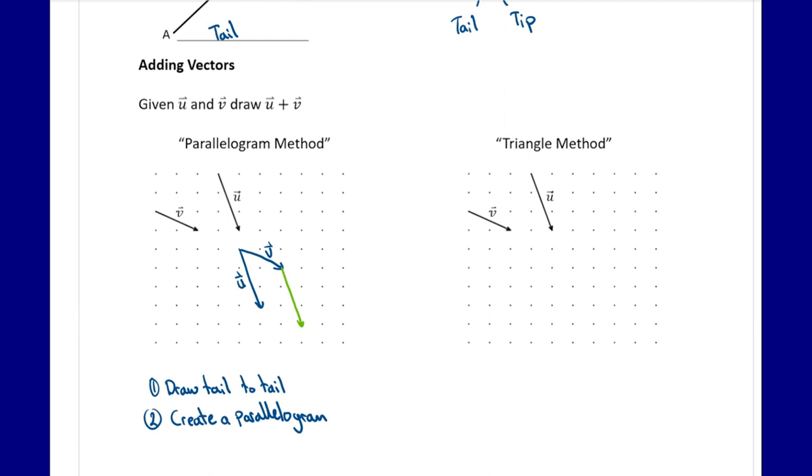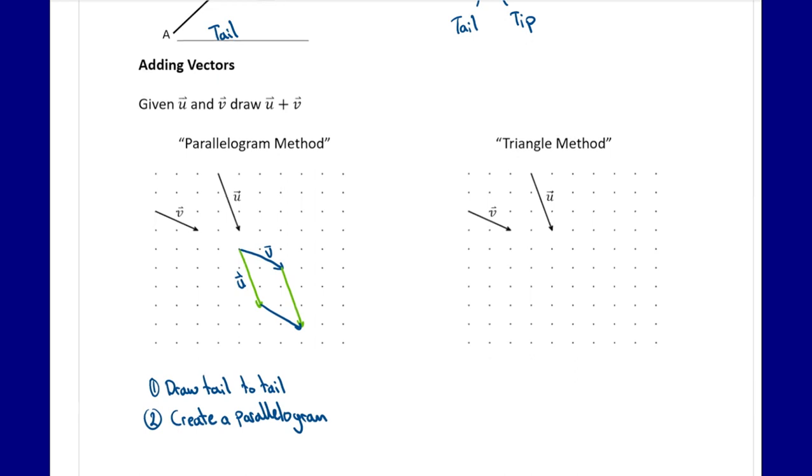Maybe it helps if I color code it. Now I've created a parallelogram based off of those two vectors. I basically take that pairing of the tail to tail part here, and I flip it over here to make a parallelogram.